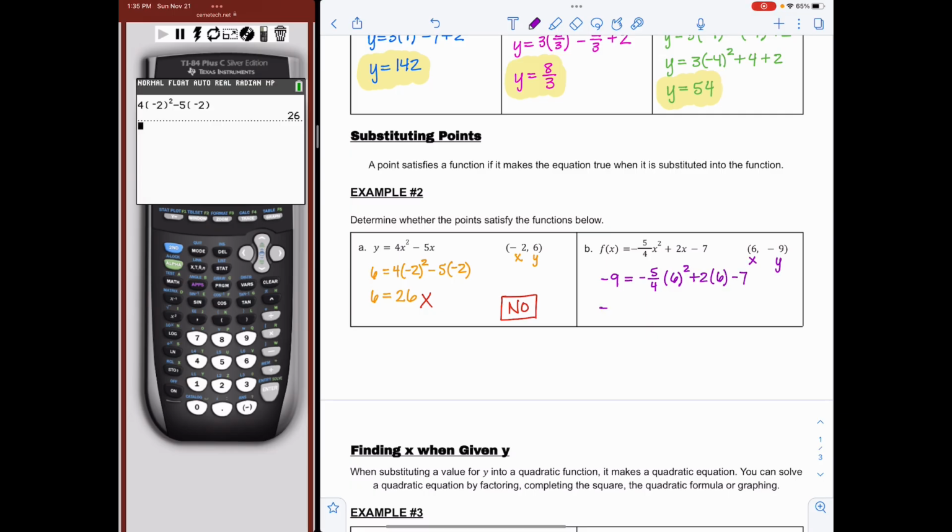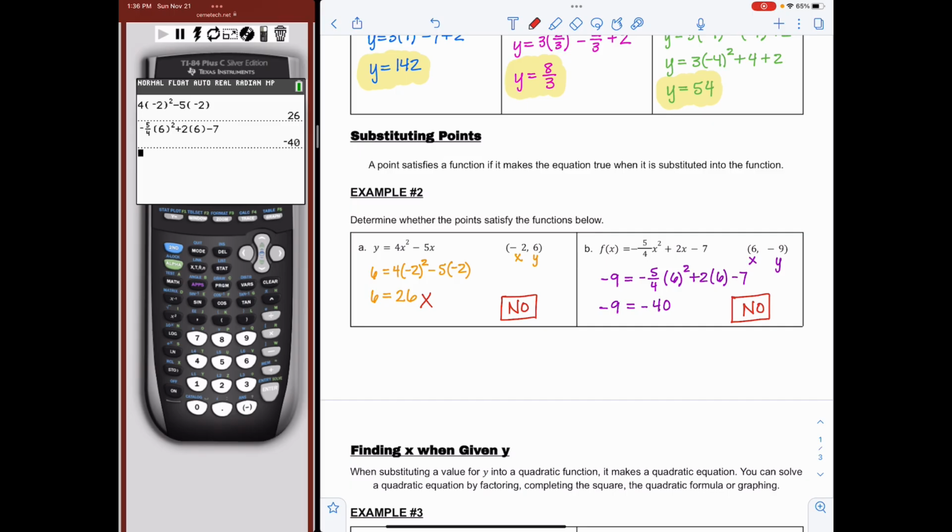So we're going to have negative 9 is equal to, and if we put it in the calculator, negative 5 over 4 times 6 squared plus 2 times 6 minus 7. We will end up getting negative 40. And because we get negative 40, we know that this does not make the equation true.